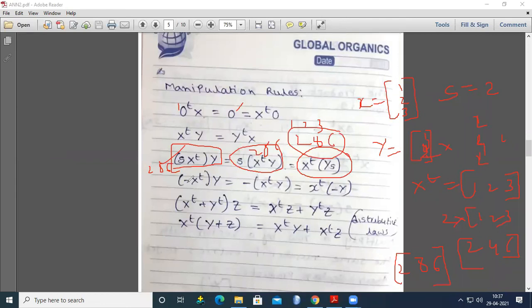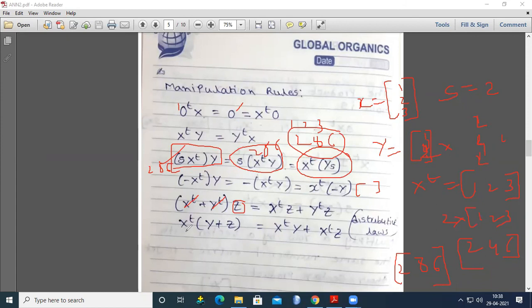So these are the manipulation rules you are going to follow when we are using vectors in your models. Minus x^T into y equals minus x^T y, which is x^T into minus y. Also x^T plus y^T into z equals x^T z plus y^T z, where z is another vector. x is one vector, y is one vector, z is another vector. Here the T means you are representing the vector in the form of rows.